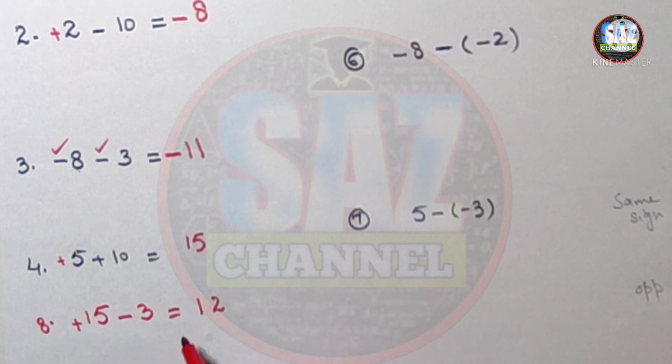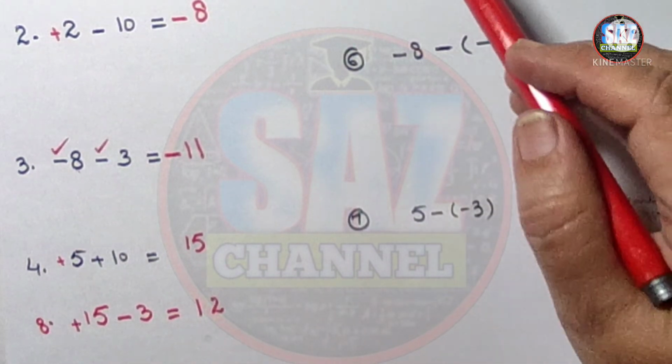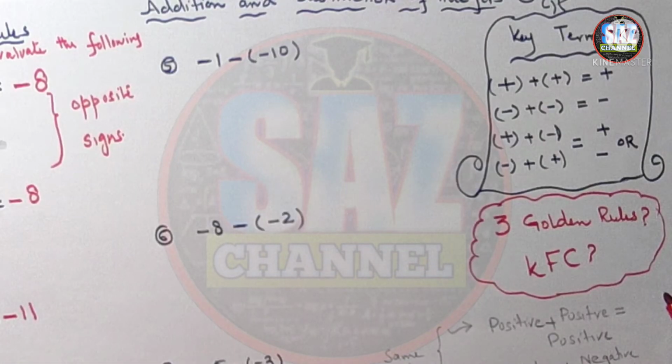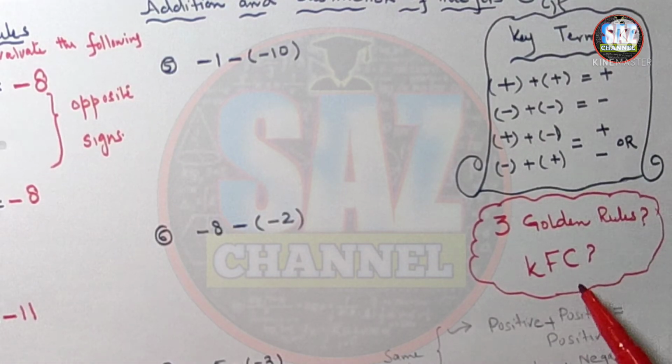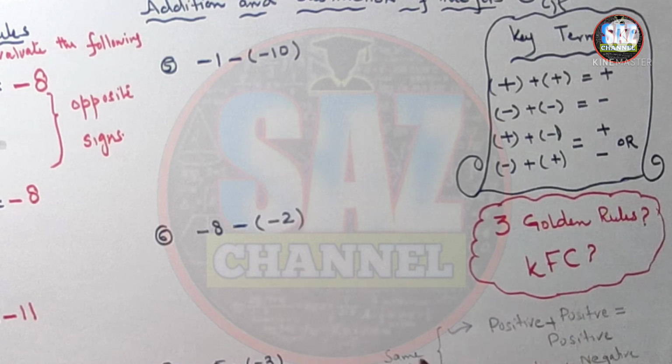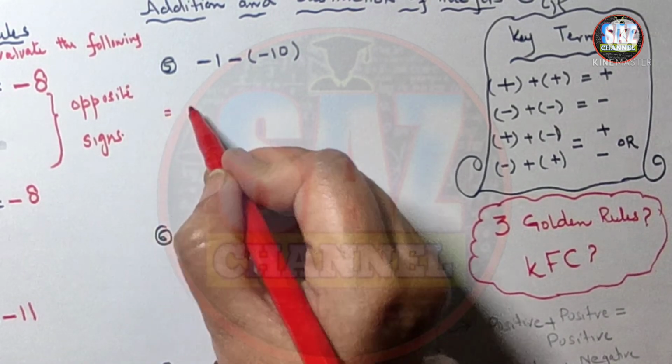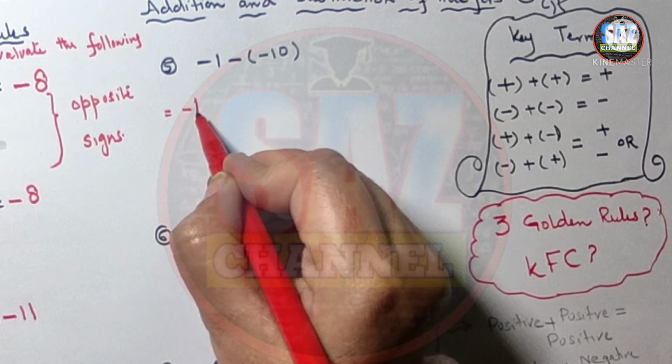And why is the sign positive? Because 15 is larger and the positive term. Coming to the next situation, minus 1 minus 10. Now here let's try to apply the KFC rule. K means keep, so I'm keeping my first value as it is.